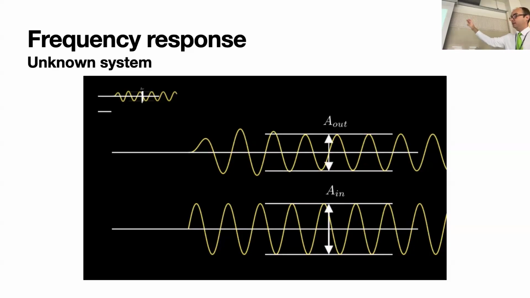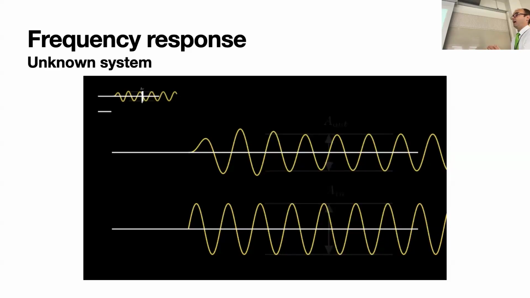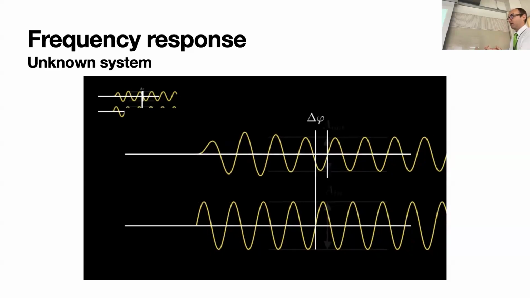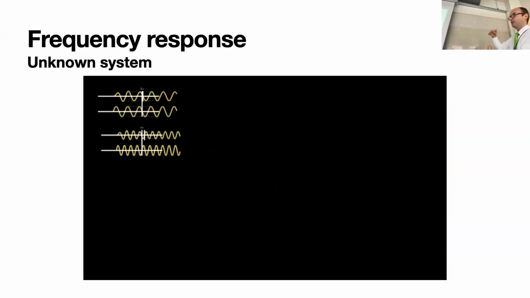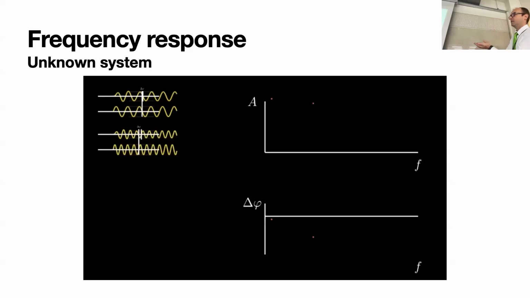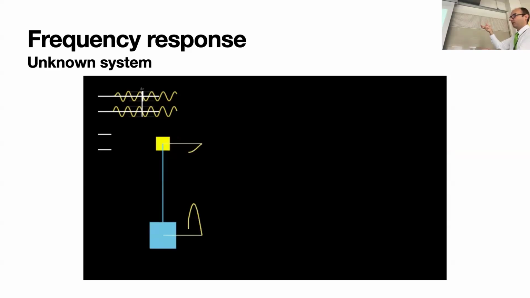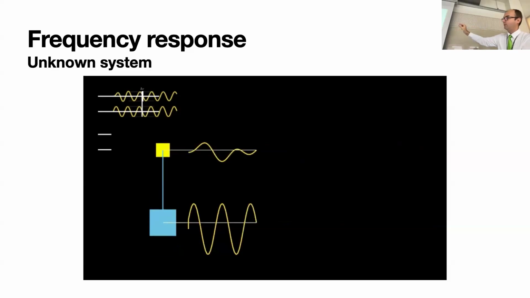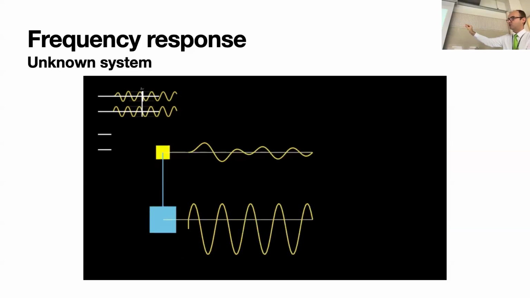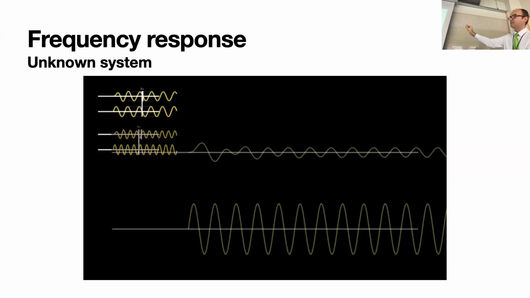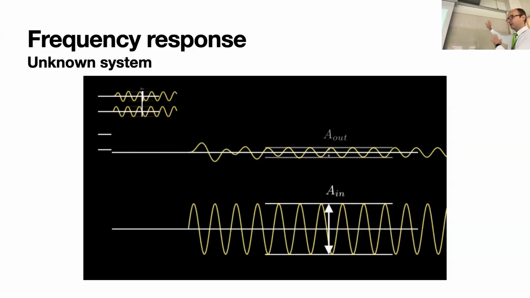Take the input, take the output, take the phase difference, and we calculate all of this. We have another point. As the frequency increases, you will see that the yellow weight will stop oscillating that much. Its amplitude becomes smaller and smaller. It means that the system doesn't react to such high frequencies.